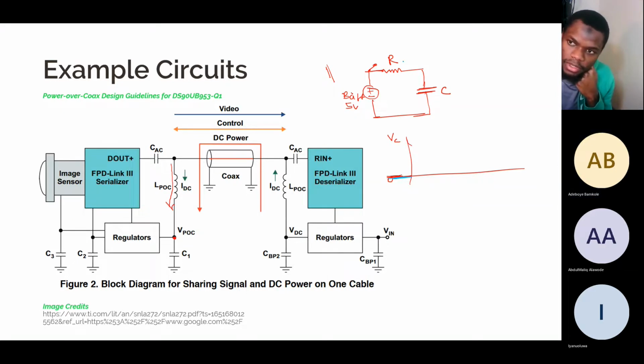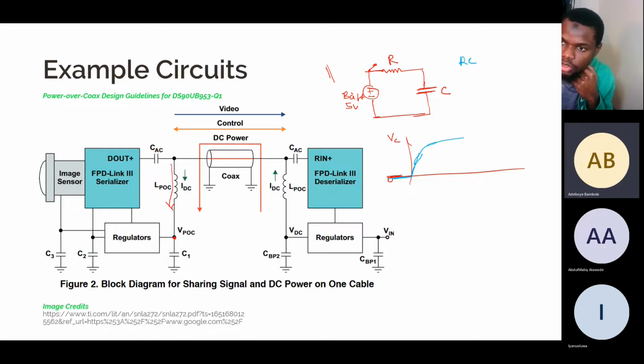The charging rate depends on the RC, the value of R and the capacitance of the capacitor. So it charges exponentially to the voltage at this point, which is 5 volts in this instance.